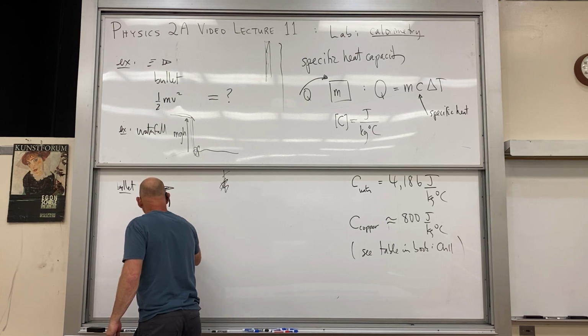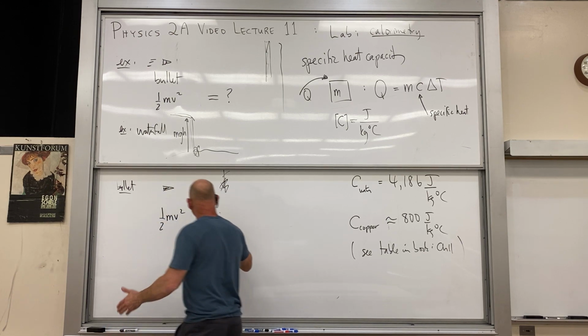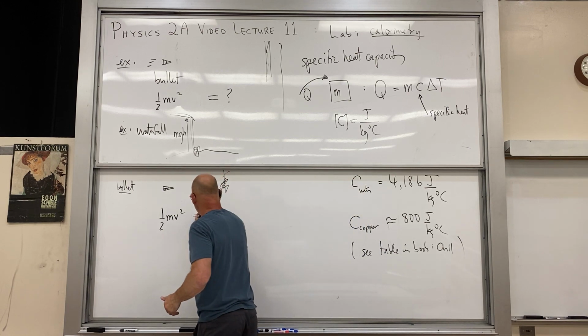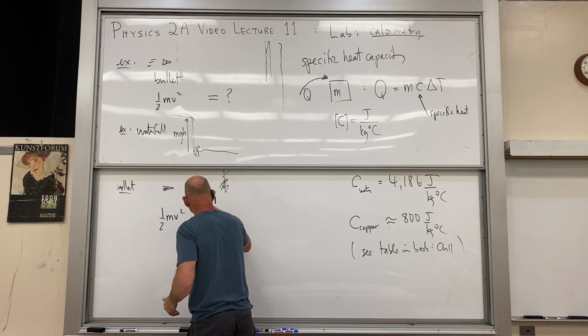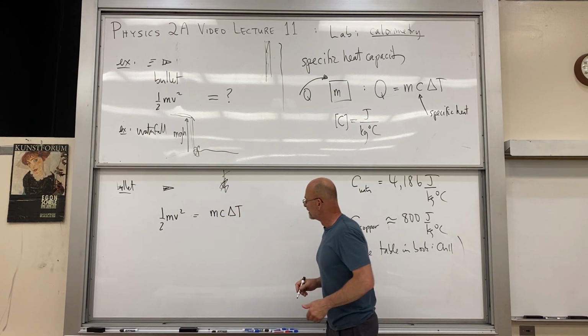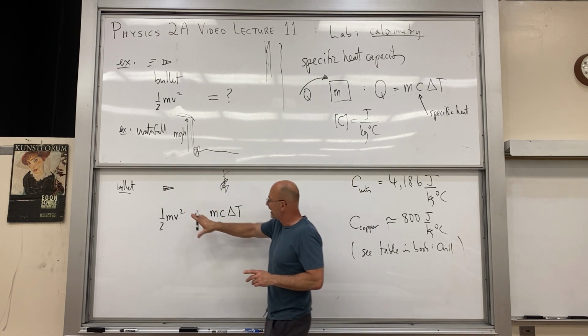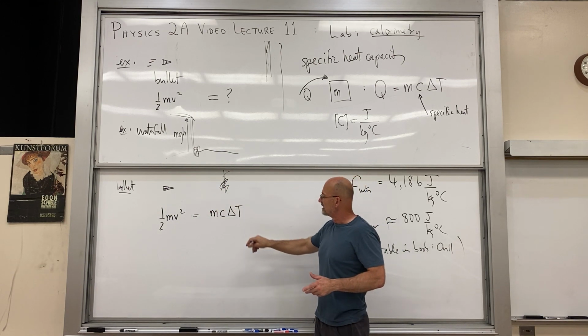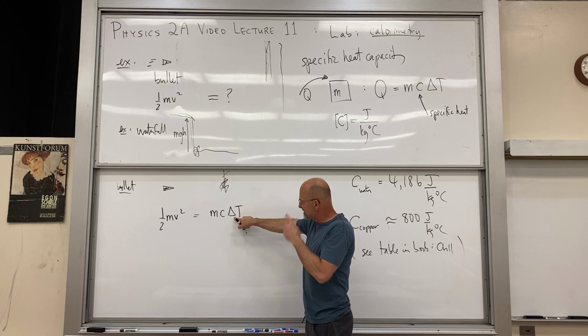We have kinetic energy, it's going to smash into the wall and be heated up, and so that's going to be mc delta T. So this is the transformation of kinetic energy into heat of that metal, an increase in temperature.